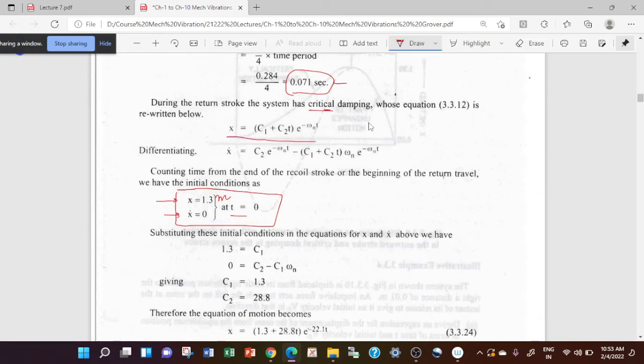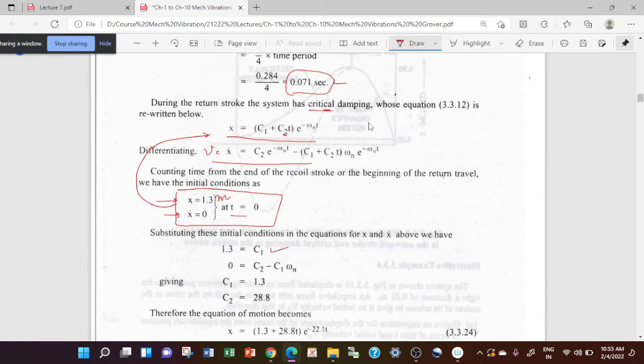You can take the derivative with respect to t, and it becomes your velocity. When you put these two conditions in the equation, at t equal to 0, x is equal to 1.3, so c1 comes out to be 1.3.